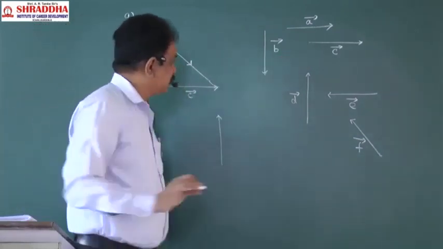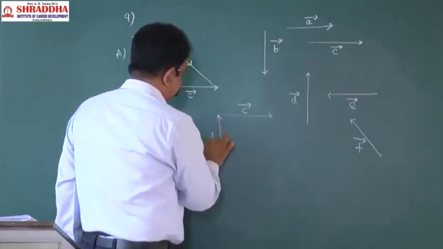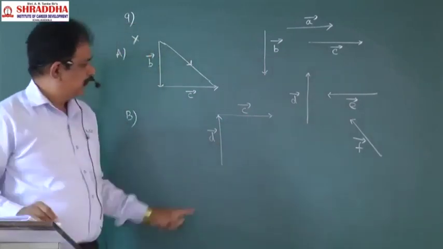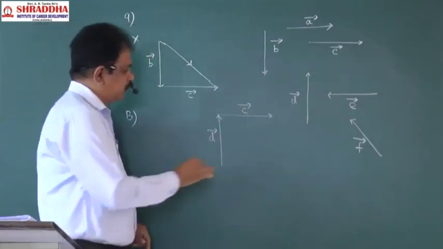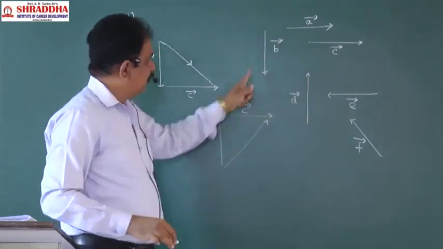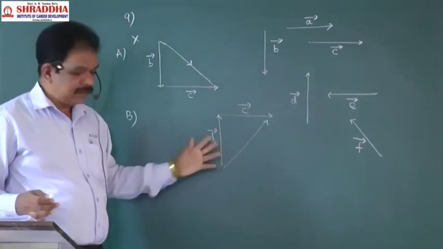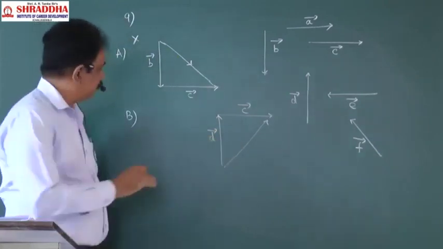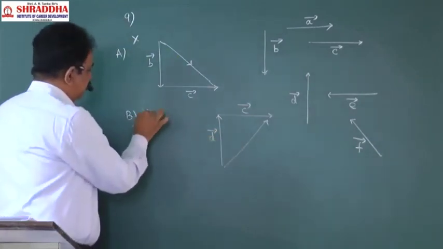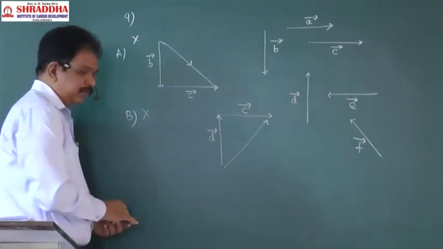C bar is this one. The resultant of these two will be equal to this one. Any of this is in this format? No. So this is not F bar. So this also is wrong. Like that you have to verify.